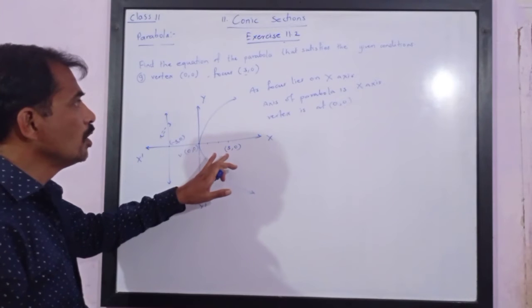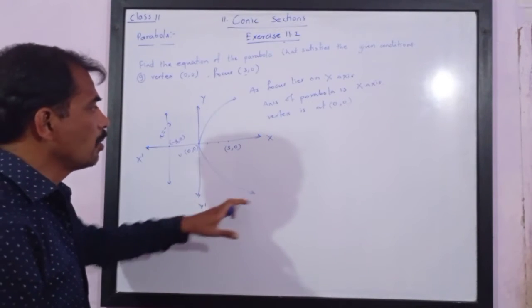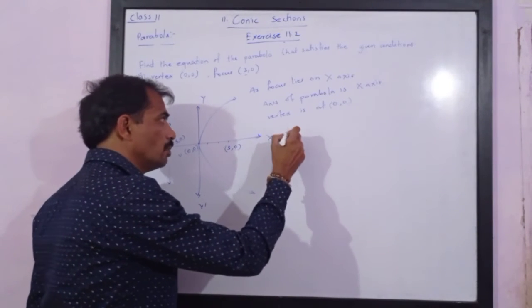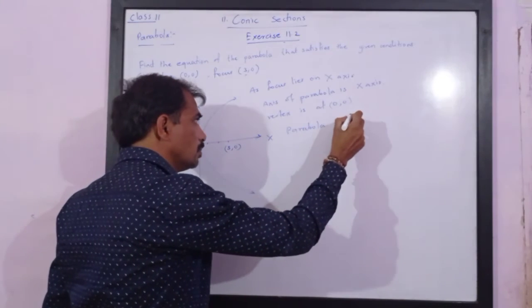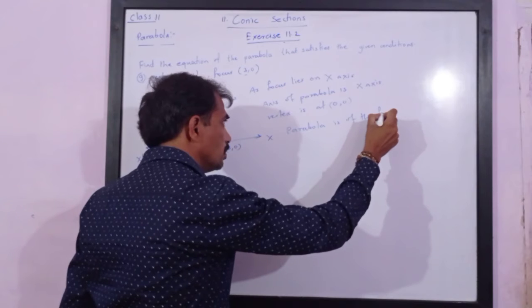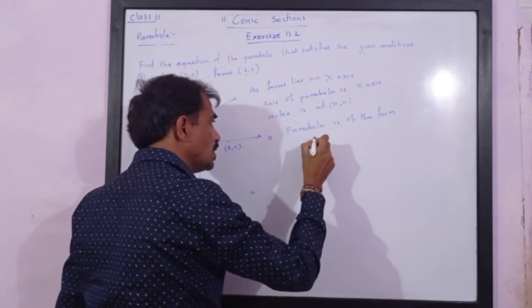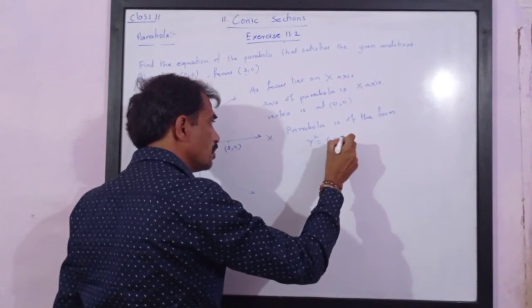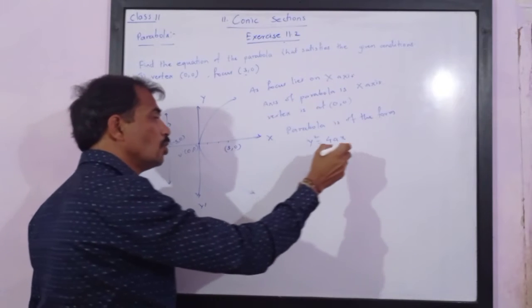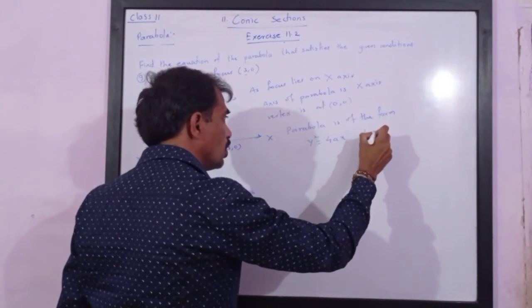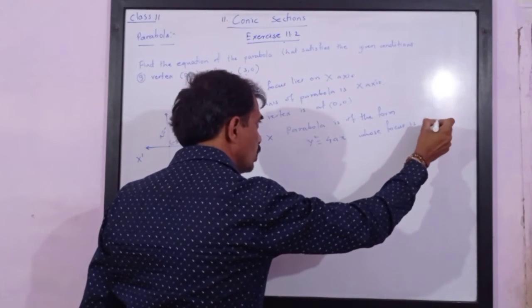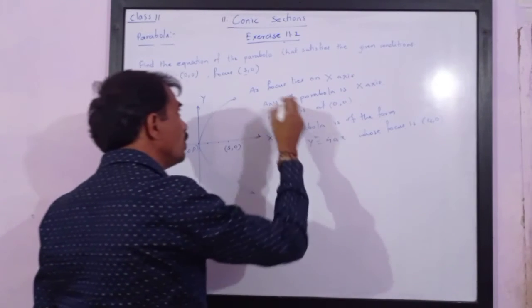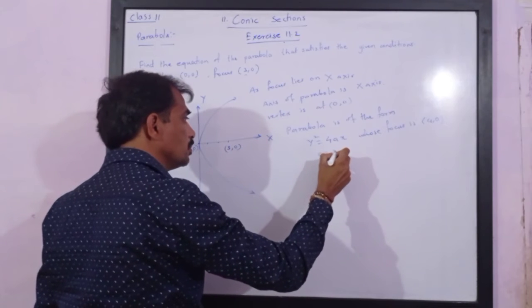Now if you compare, the equation of a parabola is of the form y square is equal to 4ax, whose focus is (a, 0). So if you compare this, you will get a is equal to 3.